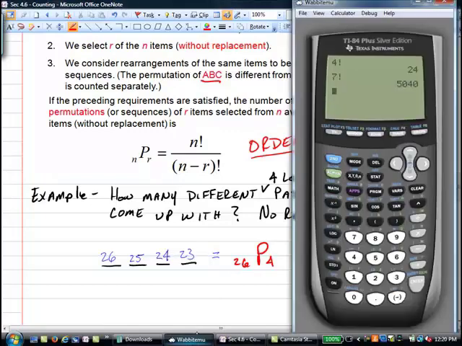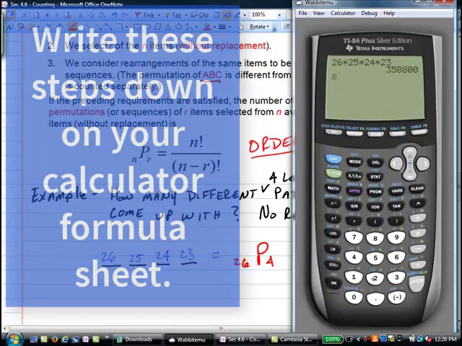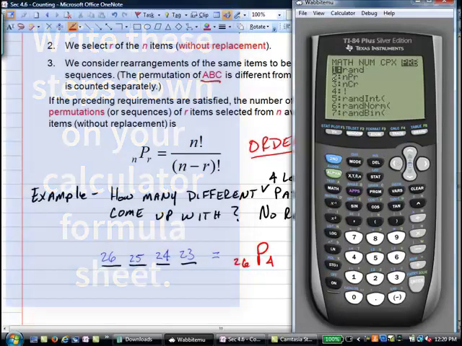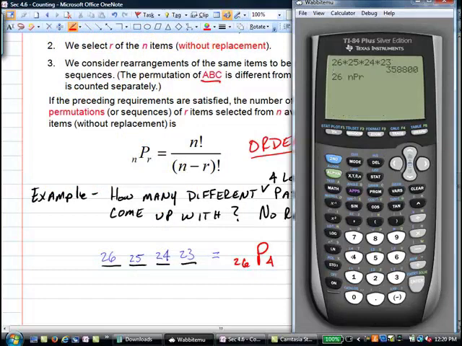Let's go to our calculator to see how this works. If I do 26 times 25 times 24 times 23, I end up with 358,800. But if I do 26, math, probability, go to the P here, that's number 2, 4, I end up with the same number.